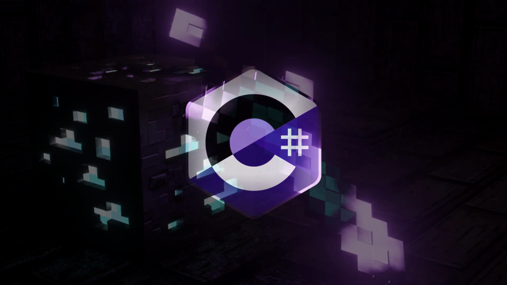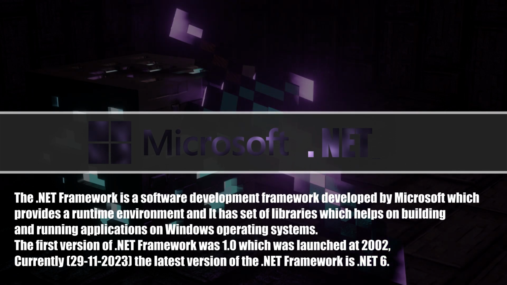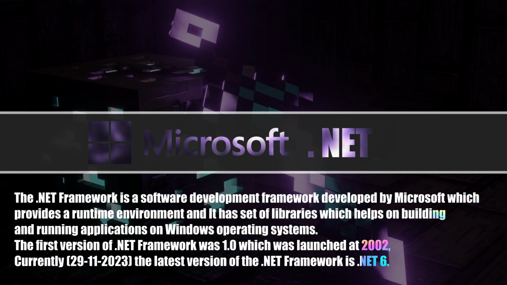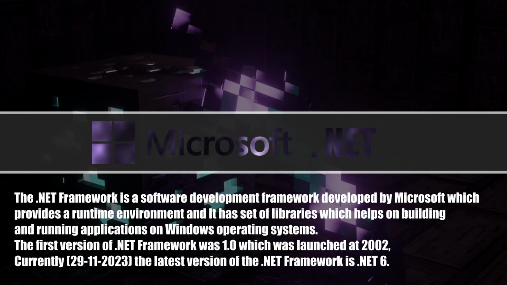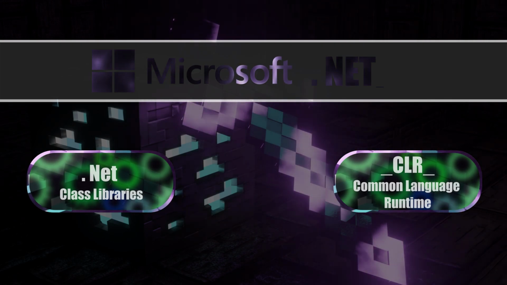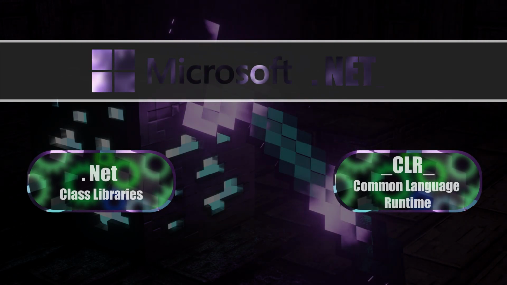Got it? Now let's see how C# performs its execution. So in C#, they introduced the .NET framework, and .NET is a software development framework which was developed by Microsoft for building and running applications on Windows. And within that we have two main components, .NET Class Library and CLR, which means Common Language Runtime.